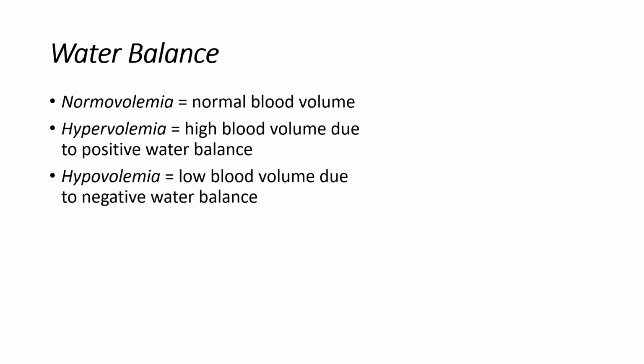And then we can also describe hypovolemia, which is having a lower blood volume due to negative water balance. This is a state where your water outputs exceed your water inputs. So this will be more like dehydration, hemorrhaging, excess sweating, and things like that, right? This is hypovolemia, where water outputs exceed your water inputs.